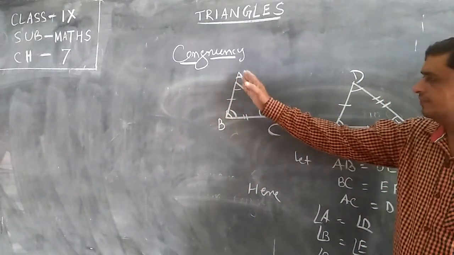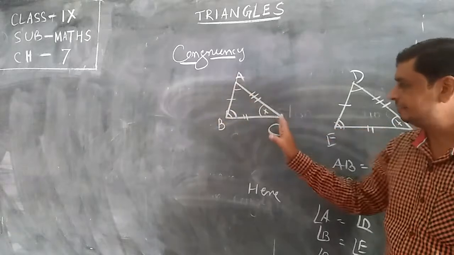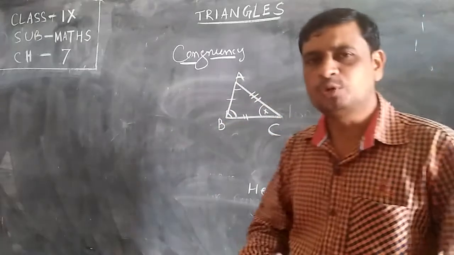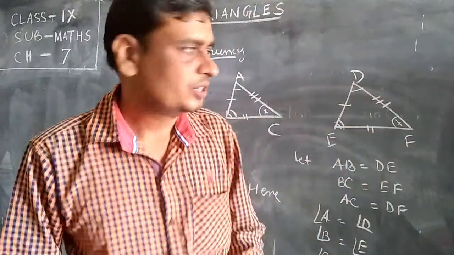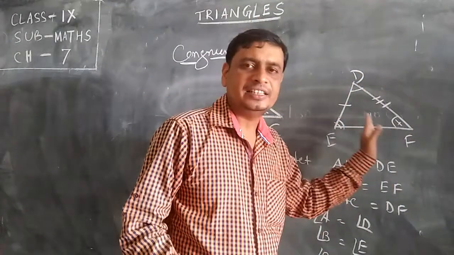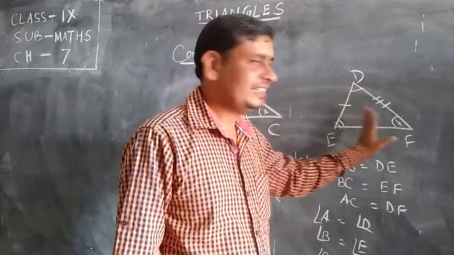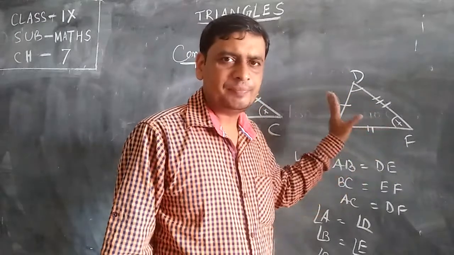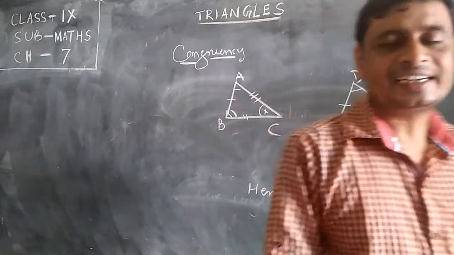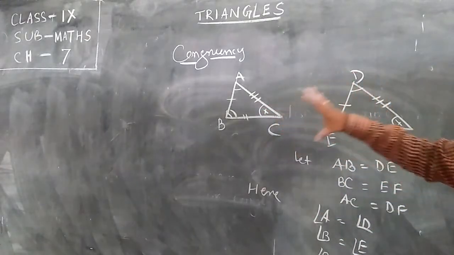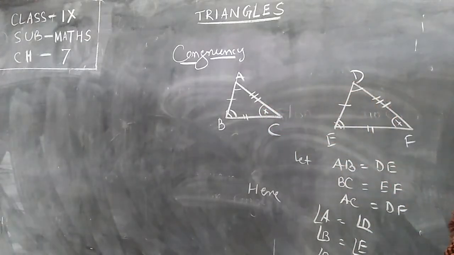So if we place triangle ABC over triangle DEF, then we will observe both the triangles are exactly equal to each other. When it overlaps on DEF, it will be exactly equal there. The sides remain equal, the angles remain equal.